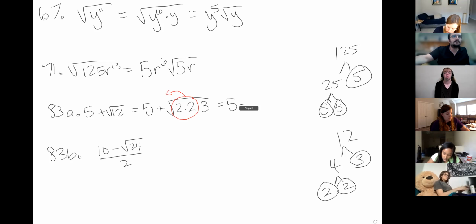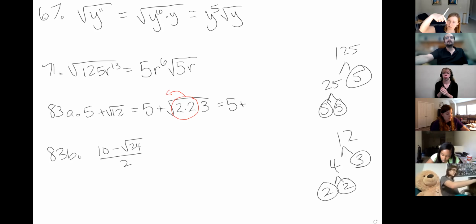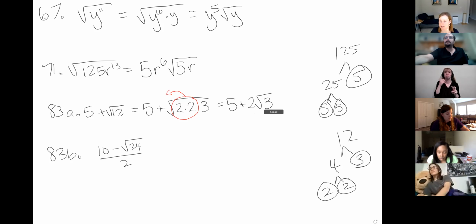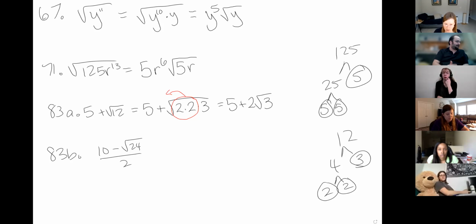So 5 plus, what will it be? I'm not sure. Well, we're taking the pair of 2s out. So what do I write out front? Oh, it's the square root of 3? 2 square root of 3. Yeah, because the 2 that's out front represents that couple that's out on the date, and the 3 is the person in the house. Oh, I see where you're at. Yeah. Okay. All right.